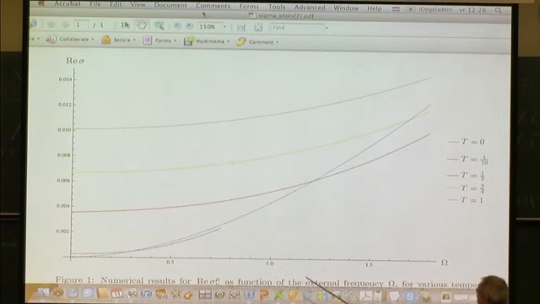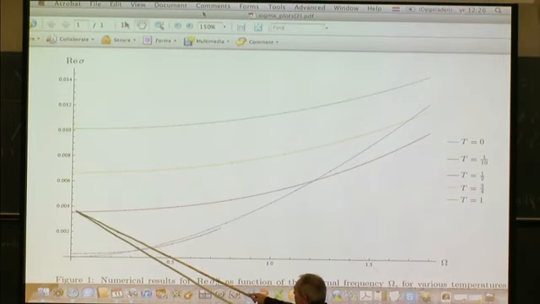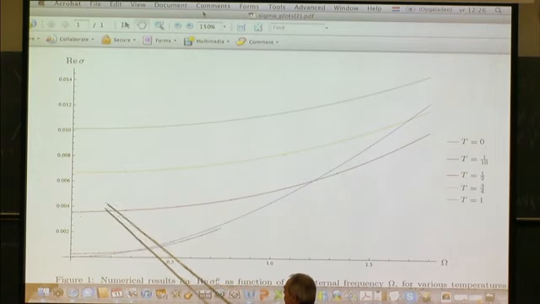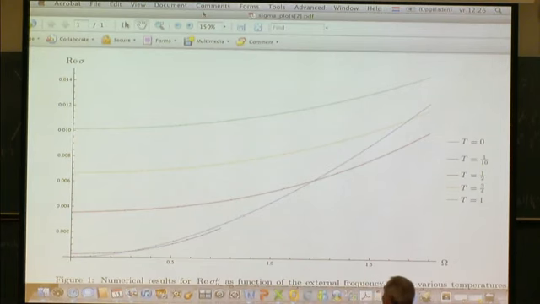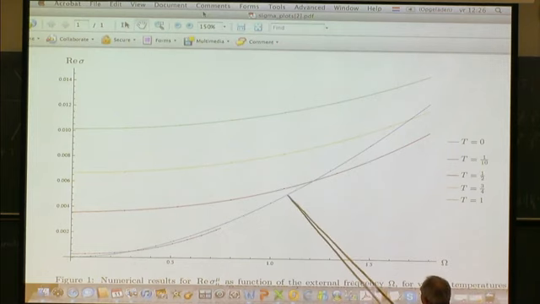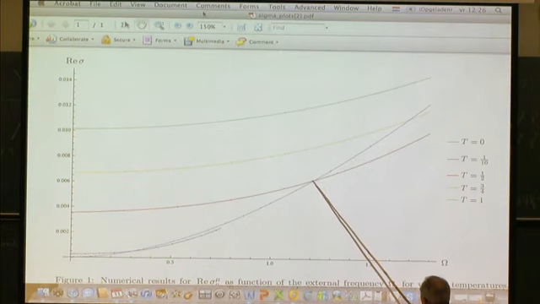I'll write down what the exact power is in a moment. And then for increasing temperatures, there is a certain offset. So for non-zero temperature, even at 0 frequency, there will now be a conductivity. Another thing that is maybe interesting is that these lines, at some point, cross other lines with higher temperature.